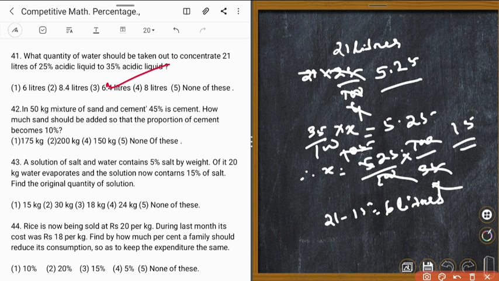The right option is number 1. So we need to take out 6 liters out of 21 liters so that the percent of acid portion will be 35. Okay, done, finish.